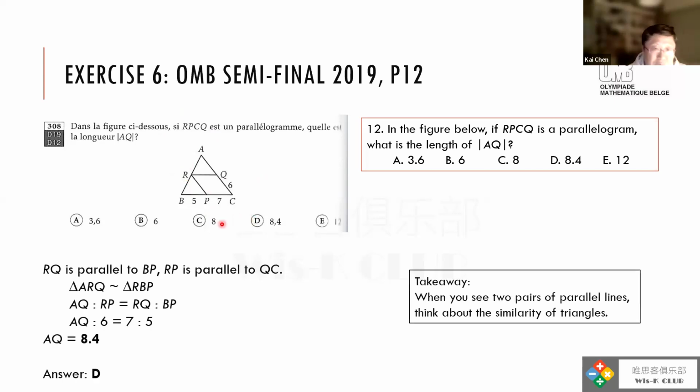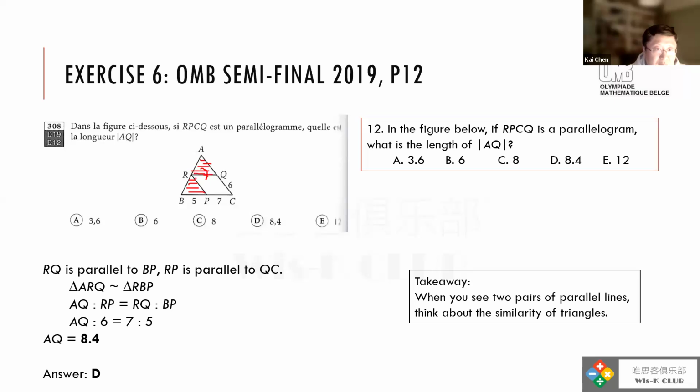In this question, RQCP is a parallelogram. So here PC is 7, so RQ is 7 as well. And these two triangles are similar. So BPP and ARQ are similar.